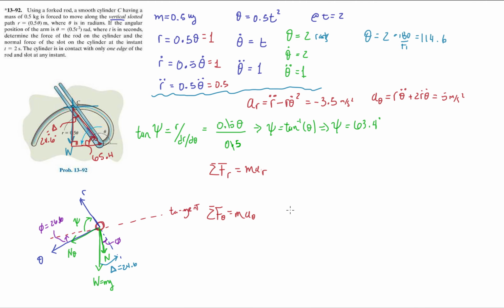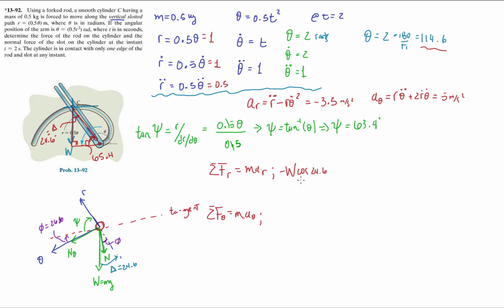All right. So let's work the forces in the radial direction, like I said. This will be minus the weight, okay, cosine 24.6. Notice how I converted everything to degrees, and when I plug everything into my cosines here, make sure your calculator is in degree mode, okay.